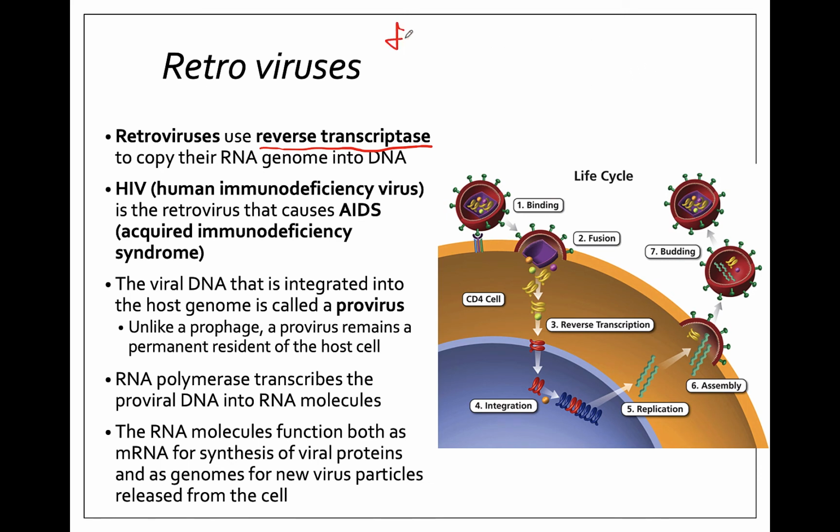So transcription was when we took DNA and turned it into messenger RNA. Reverse transcriptase is going to take RNA and turn it back into DNA. And that's what makes something a retrovirus, because it has to use reverse transcriptase.